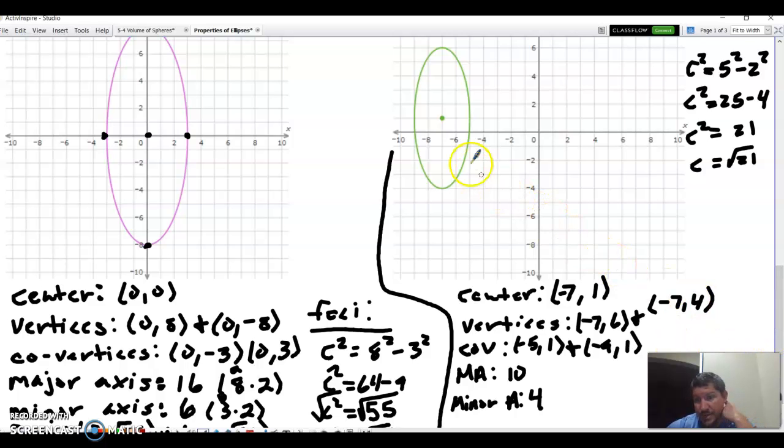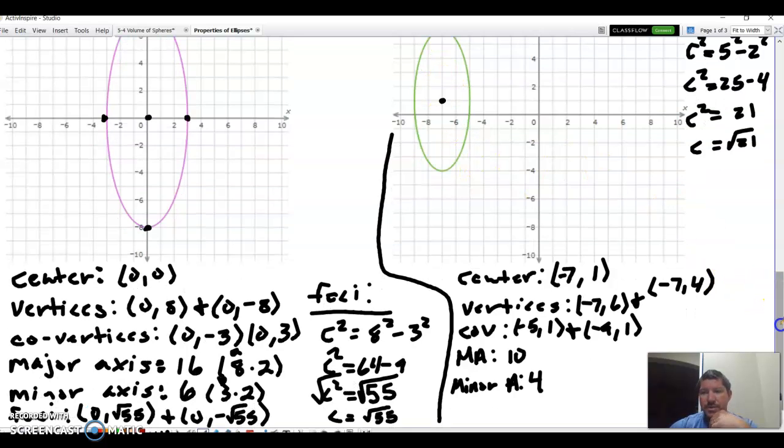So when we're doing this, from here, negative 7, 1, I have to go this direction and this direction from 1. So it's going to be negative 7, and then it's going to be 1 plus the square root of 21, and 1 minus the square root of 21.